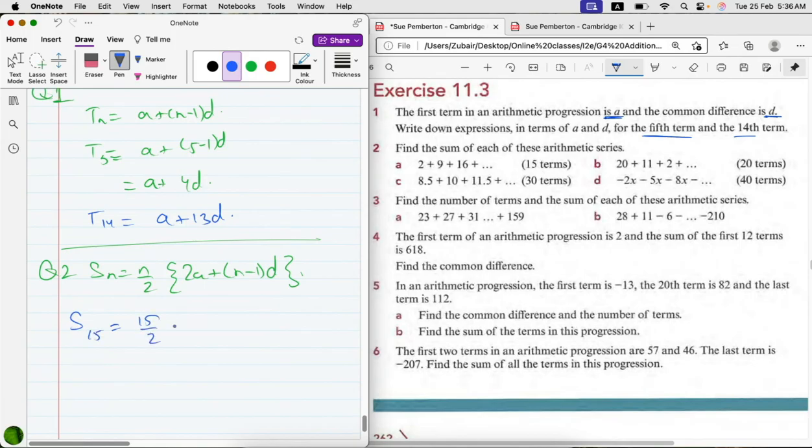So 15 by 2, 2 into the first term, which is 2, plus 15 minus 1 and the difference. So 9 minus 2 is 7, or 16 minus 9 is 7, the difference between two terms. The value of d is 7. And now we just simplify. Inside, that is 4 plus 14 into 7. I'm getting 102, divided by 2 into 15, and the sum is 765.